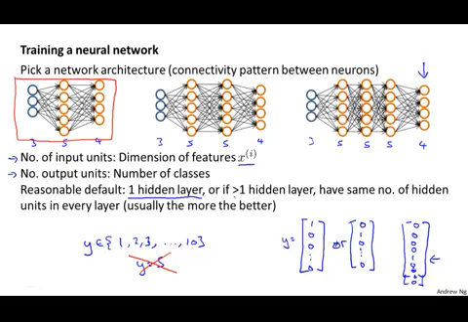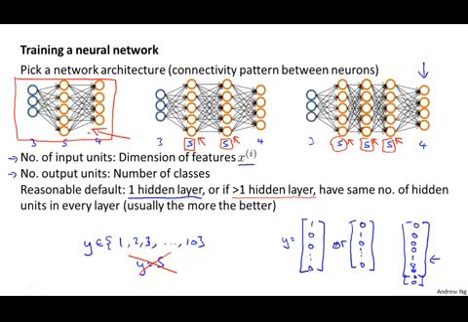Or if you use more than one hidden layer, again, a reasonable default is to have the same number of hidden units in every single layer. So here we have 2 hidden layers, each with the same number, 5, of hidden units, and here we have 3 hidden layers, each with 5 hidden units. But the network architecture on the left would be a perfectly reasonable default.